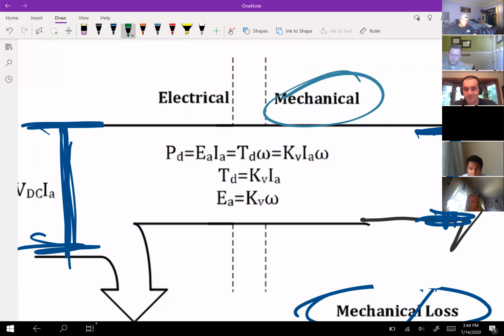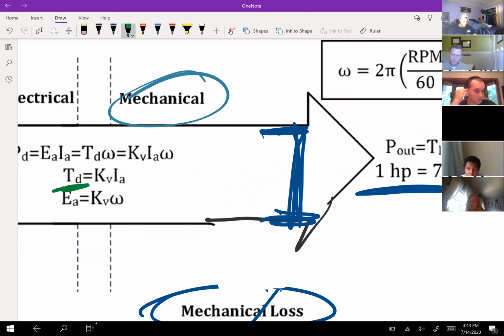So the power, we're trying to get to this torque, right? The torque out is going to equal, right there, that torque load. The P out, torque load, that's the same as saying torque out.